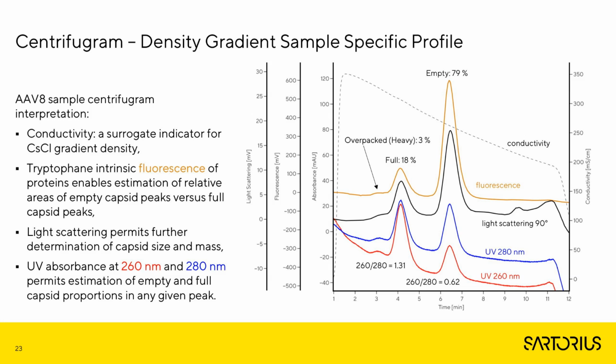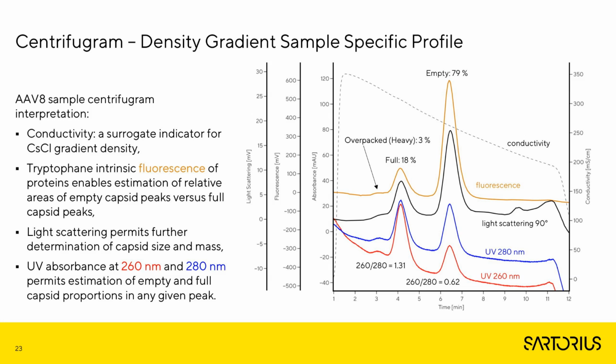From the evaluation of these profiles, we can extract various information about the sample, and actually the evaluation of these centrifugams is exactly the same, performed with the same workflow and the same software as the evaluation of chromatograms. So for example, if we integrate the areas, we can calculate the empty to full ratio.